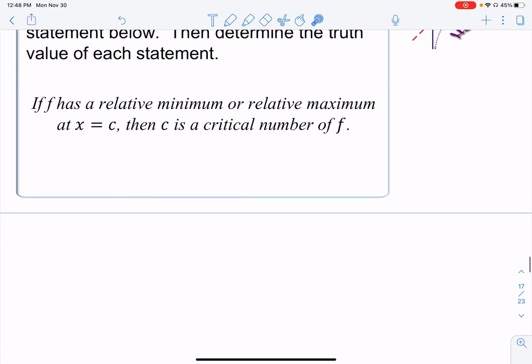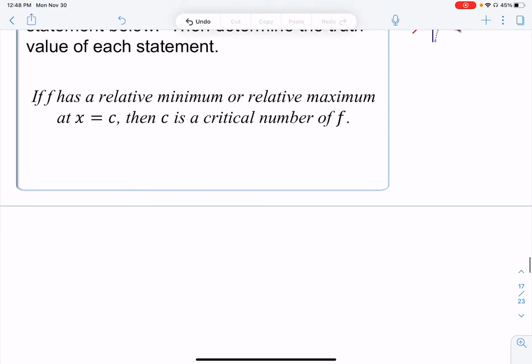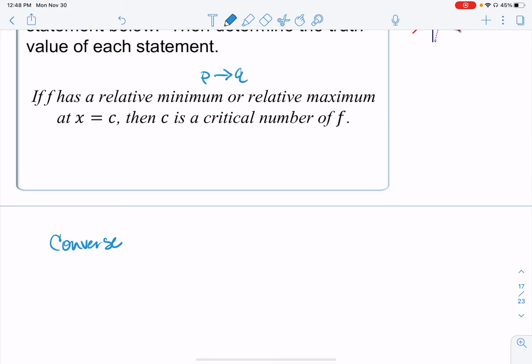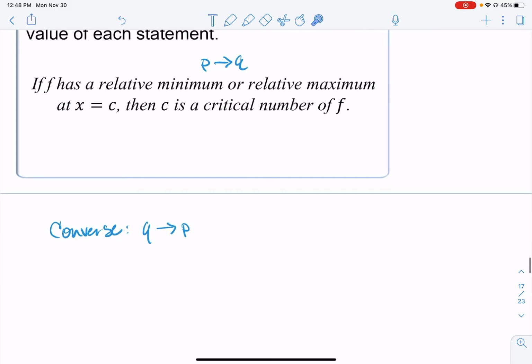So if you have forgotten from geometry, converse goes like this. So we're assuming that we're starting with a P implies Q kind of statement, and then the converse is just the reverse of that. It's Q implies P. So in this particular case, if f has a relative minimum or maximum at x equals c, then c is a critical number of f of x.